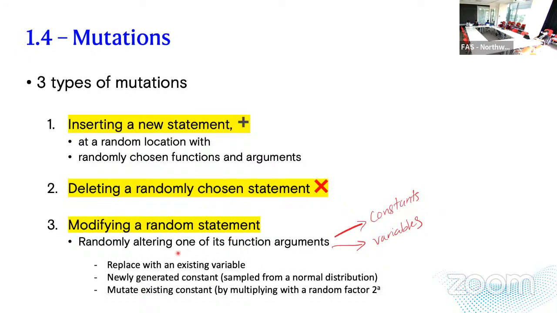When we talk about altering the function arguments, we can either replace with an existing variable or generate a new constant. They mentioned that they sample from a normal distribution, or they can mutate the constant by a factor of 2 to the power a. So in terms of the training program, these are the available mutations that we can do to come up with a potentially better algorithm.